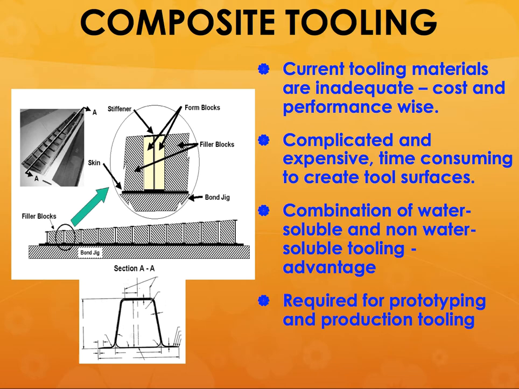So most of the tooling parts are made out of metal, and they are made from materials that are not traditional aluminum or stainless steel. Why? Because stainless steel and aluminum expand and contract a lot. Aluminum is, I believe, 16 parts per million, whereas the composite part itself is going to be expanding and contracting at the rate of about 3 to 4.